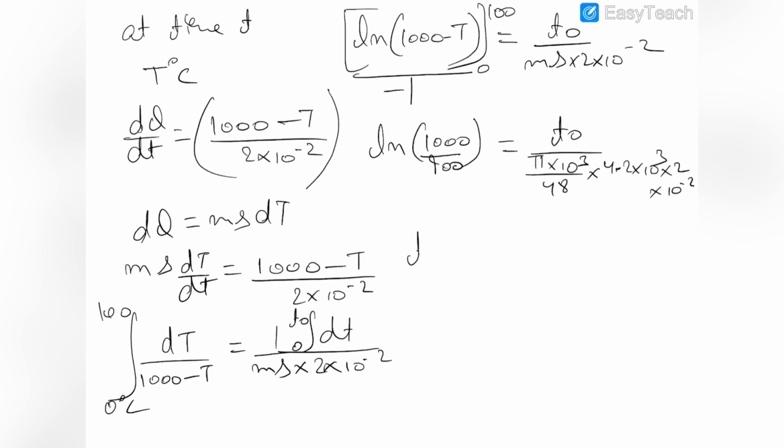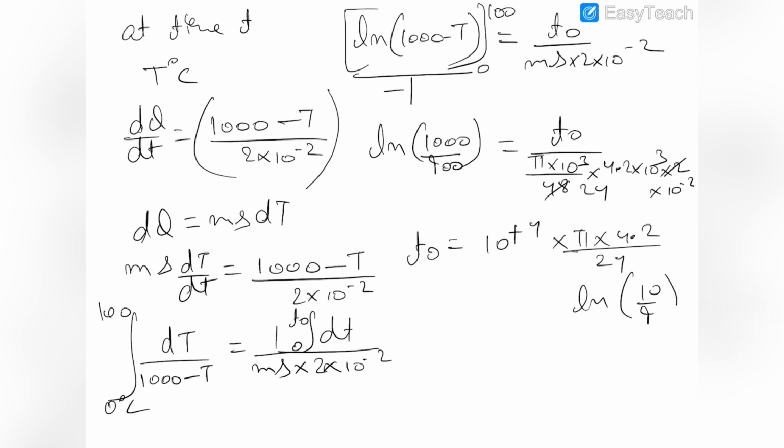So t0 will be, this is 24, so t0 will be equal to 10 raised to power 4 times pi into 4.2 divided by 24 into ln(10/9).